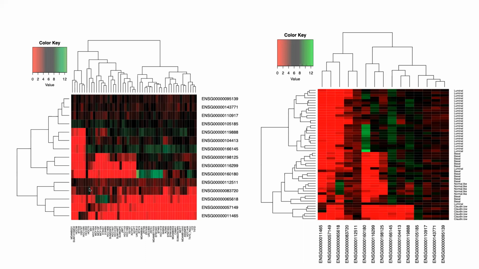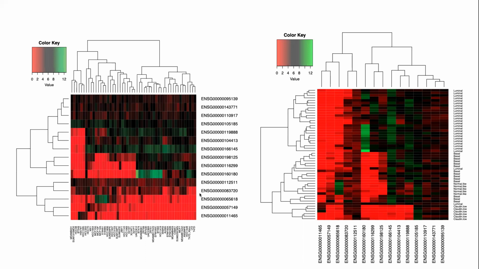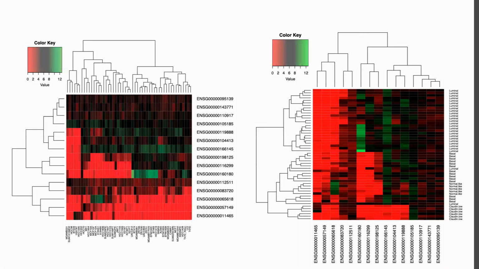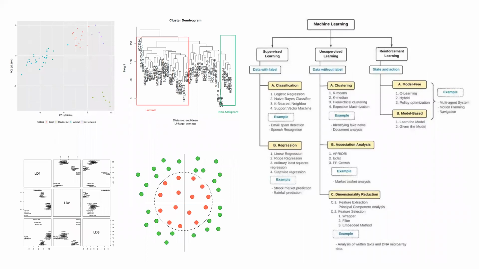And that variation is going to be based on these more subtle variations within gene and within sample expression levels. And then we can start applying machine learning to study those different patterns.